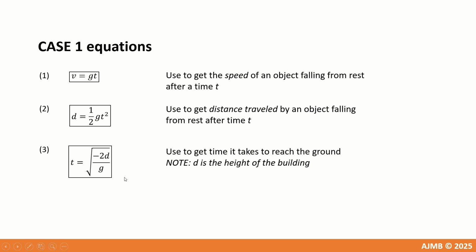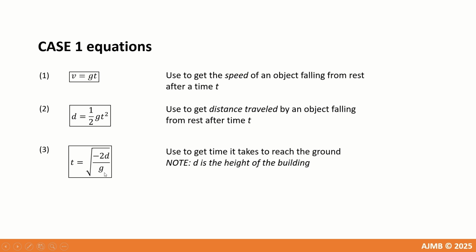The third and last equation is used to get the time it takes for the object to reach the ground if it was dropped from the top of the building or the top of the cliff. This is the most complicated out of the three equations. This is how you would use it. First, you would multiply the distance or the height of the building by -2.